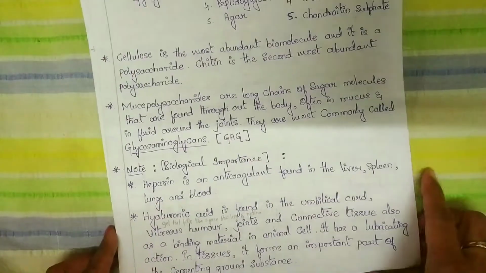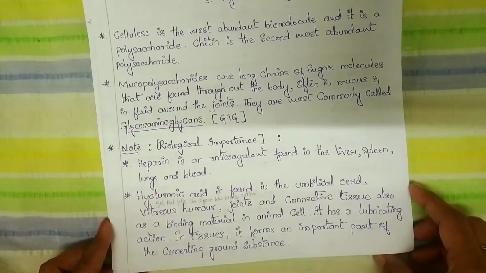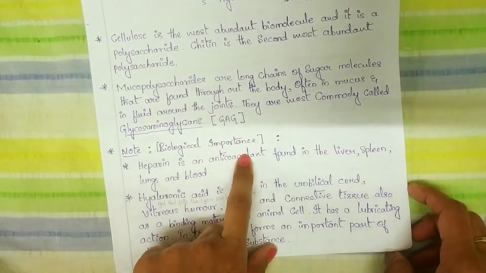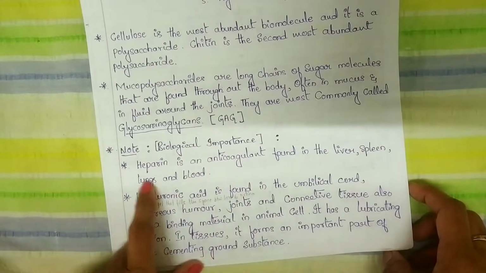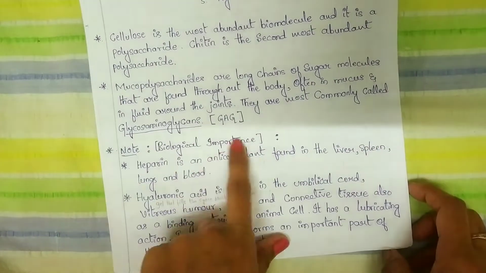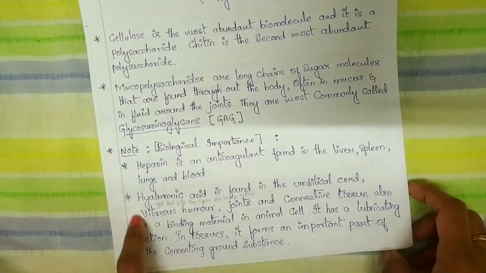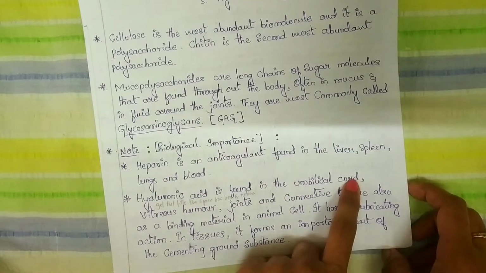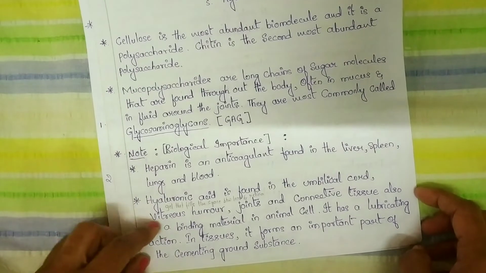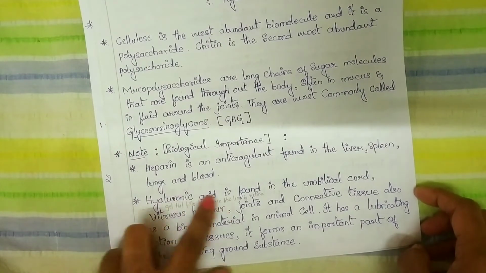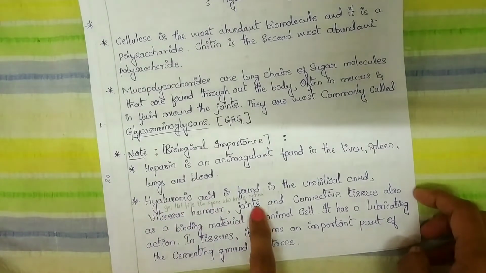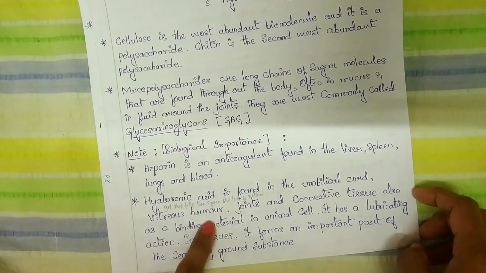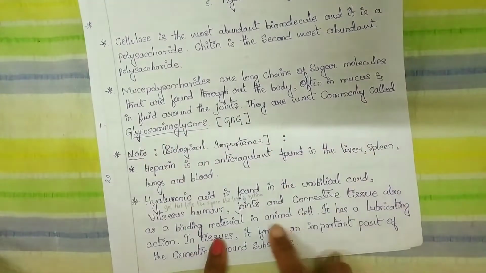Now some of the important biological importance of the polysaccharides. Heparin acts as an anticoagulant, and is found in the liver, spleen, lungs and blood. The next one, hyaluronic acid, is found in the umbilical cord and in the vitreous humor, the space between the lens and retina of the eye, and in the joints and connective tissue as a binding material in animal cells.